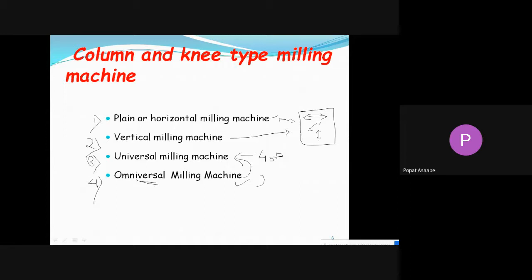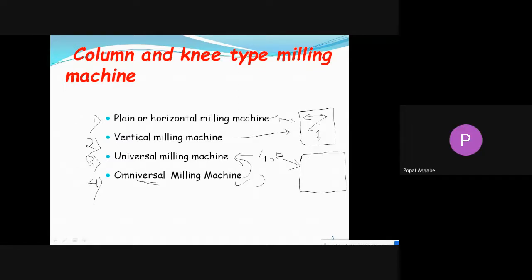Then tell me, in the universal milling machine, which table movement is possible? Anybody? Angular movement, vertical, cross, and longitudinal. Those three, longitudinal, cross, and vertical, are the same.